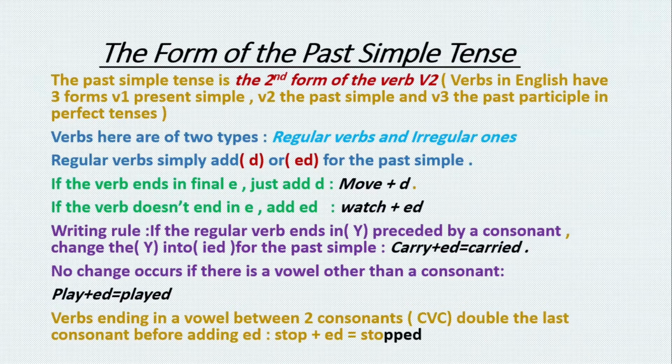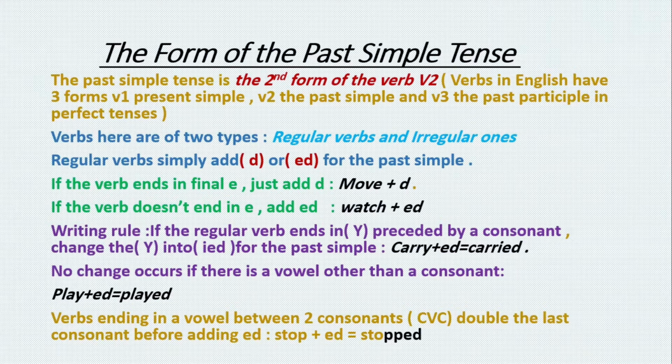But if the y is preceded by a vowel, you just add ed. And let me remind you of the vowels. Vowels in English, mainly they are five: A, E, I, O, U.